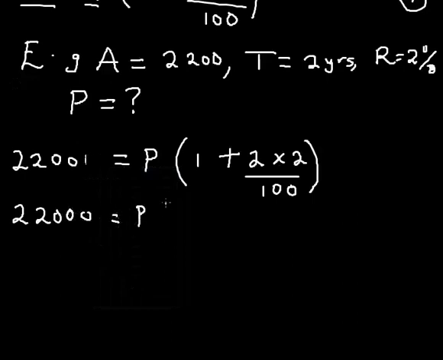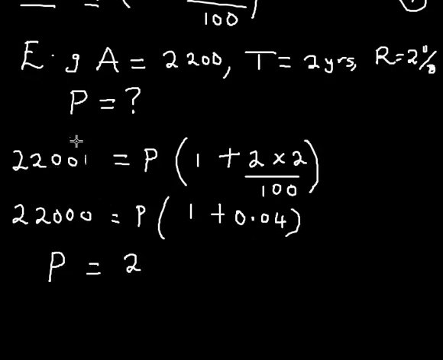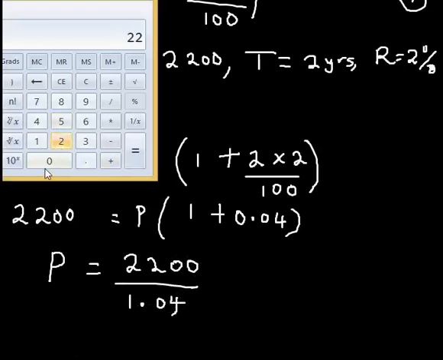So 2,200 is equal to P, bracket open, 1 plus 4 divided by 100, which is 0.04, right? So I'm going to have 1 plus 0.04, which is 1.04. So the principal he collected is going to be equal to 2,200 divided by 1.04.